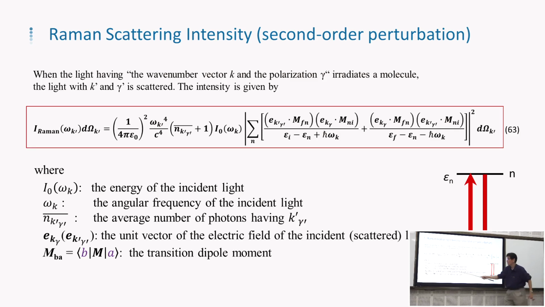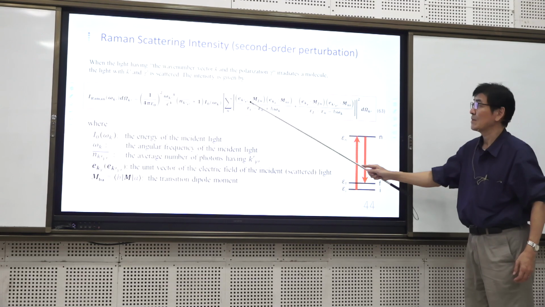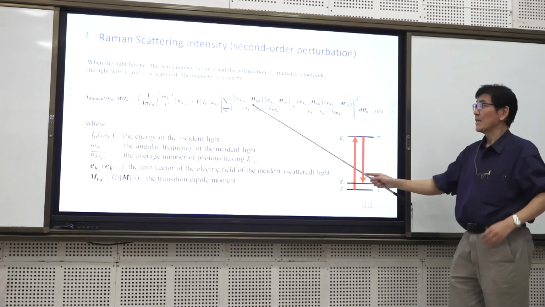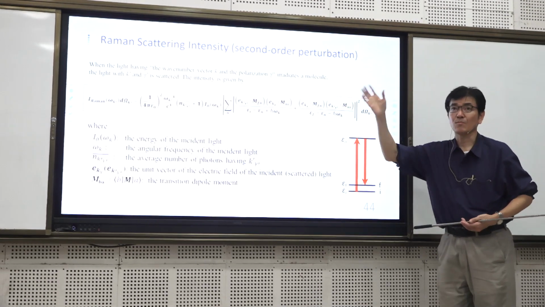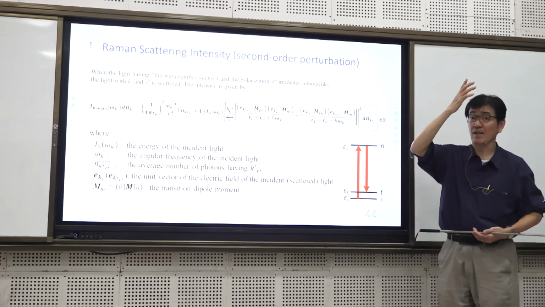Okay, please note that k prime gamma prime is different from k gamma. K prime gamma prime indicates the wave number vector and polarization of the scattered light.